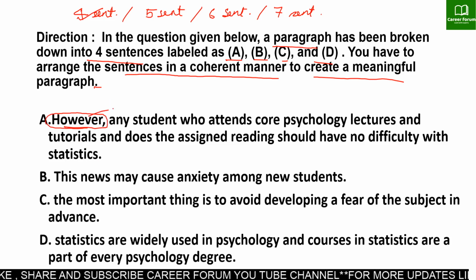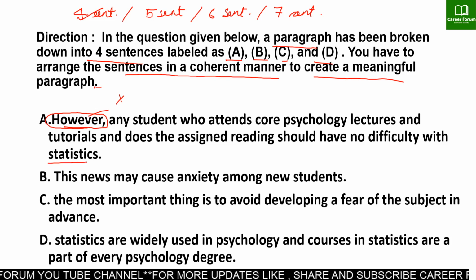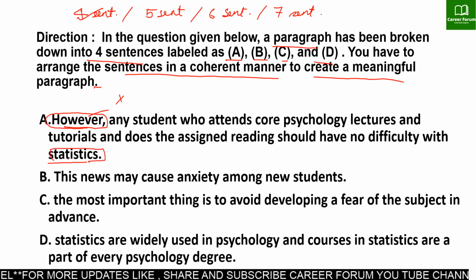So this definitely can't be the first sentence, because we have to look for an opening sentence that can give a clear idea of the whole paragraph. Here we have an idea, statistics. This sentence does not talk about statistics broadly, but we need to now look for a sentence that has this particular introduction. Let's move to the second sentence.